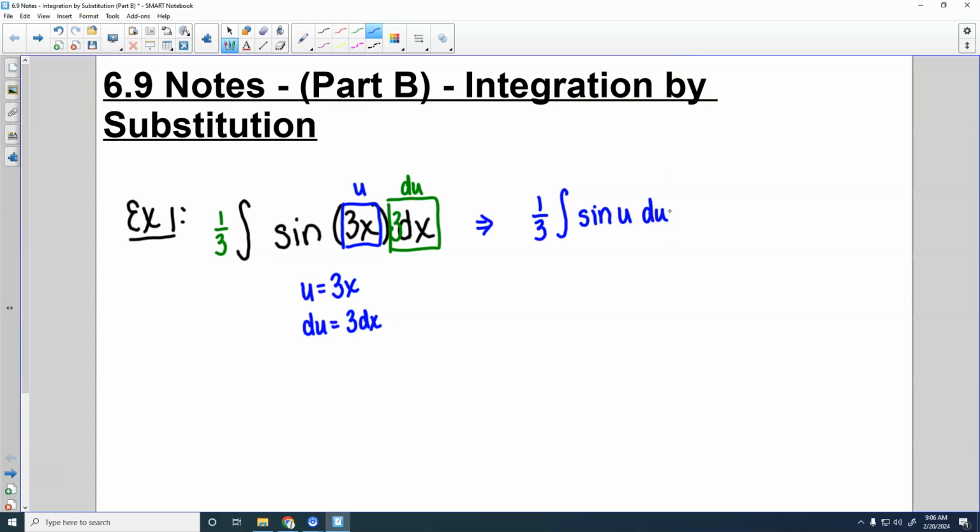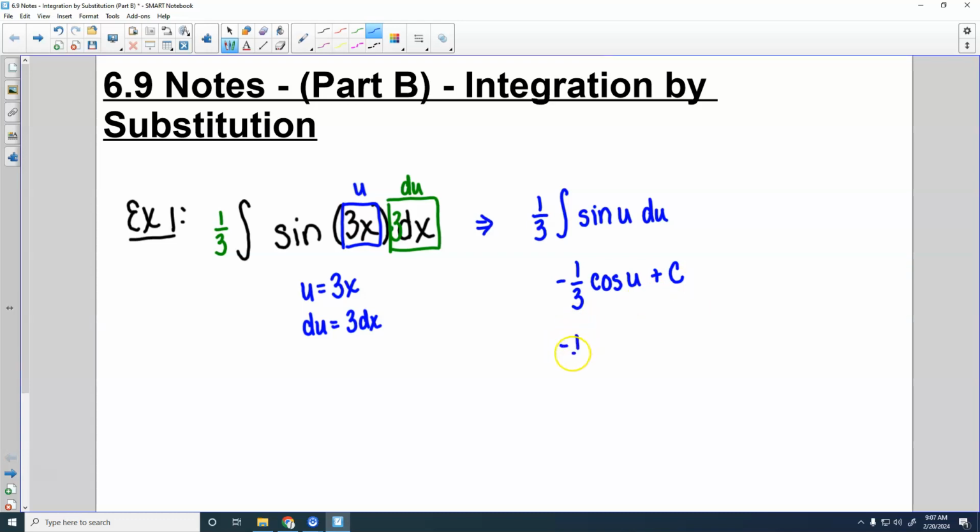Okay. What do I get when I integrate sine? Negative cosine. When you're integrating, it's going to be negative. When you take the derivative, it is positive. So I'm going to just go ahead and put it out in front of the 1/3. So negative 1/3 cosine u plus c. And then I want to plug in the u.